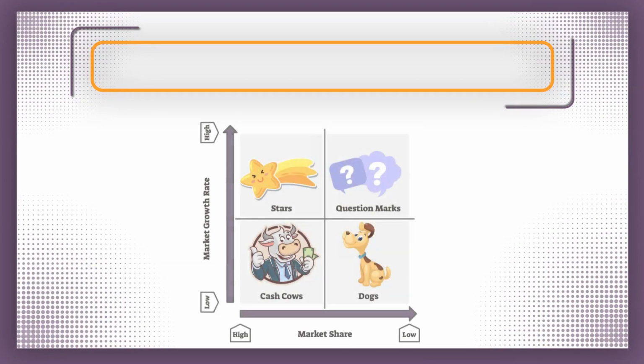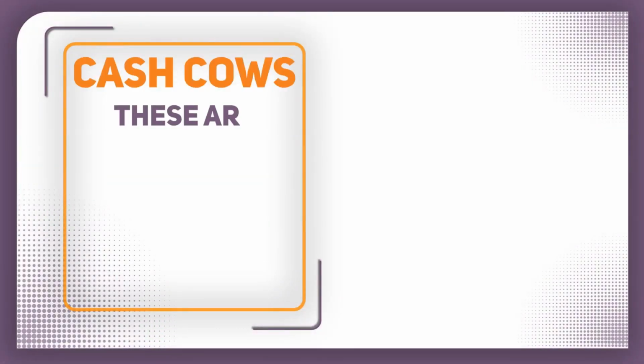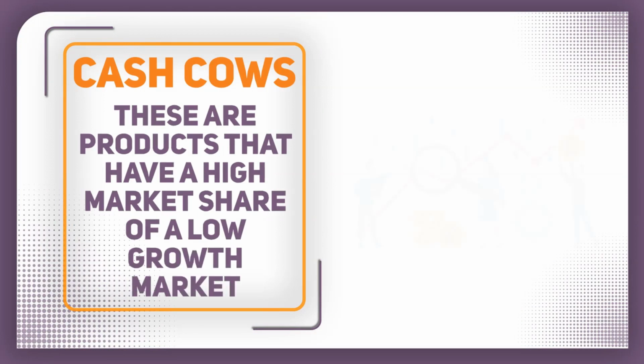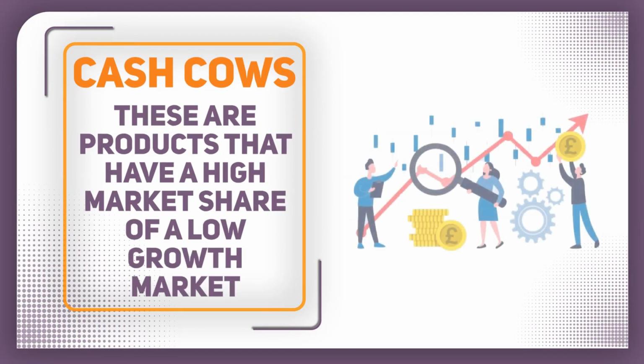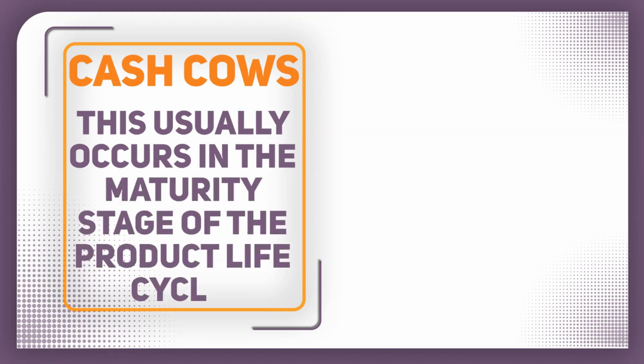As you can see on the bottom left of the Boston Matrix, this category is called cash cows. These are products where your business has a high market share of a low growth market, meaning that the market is not increasing in size and pretty much remains the same approximate number of customers. This usually occurs in the maturity stage of the product life cycle.